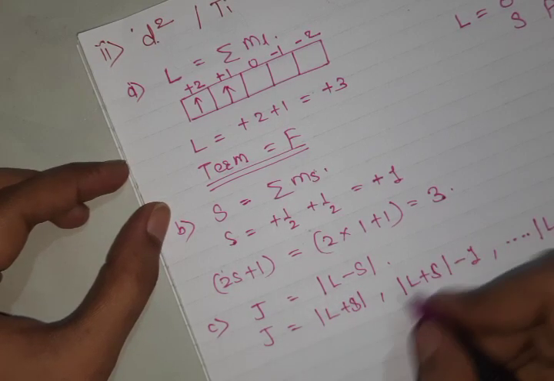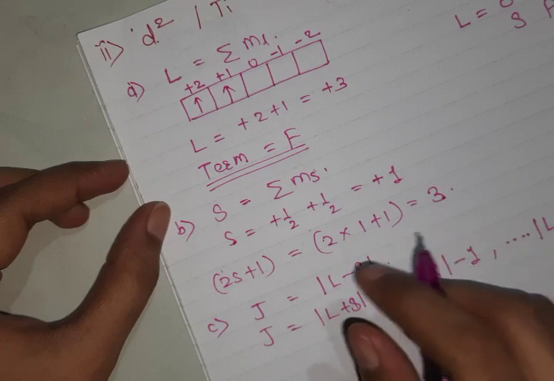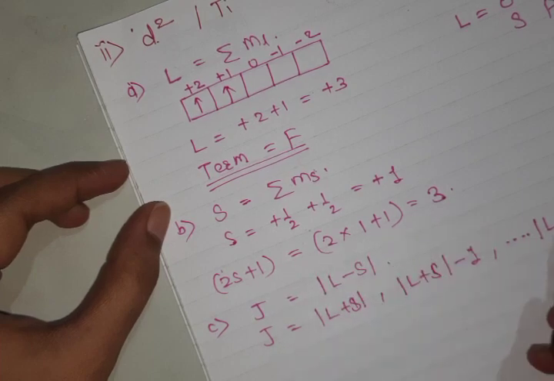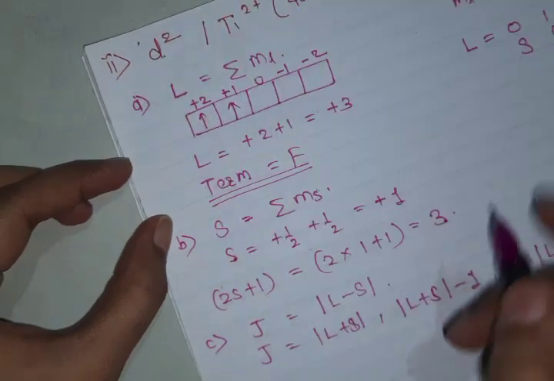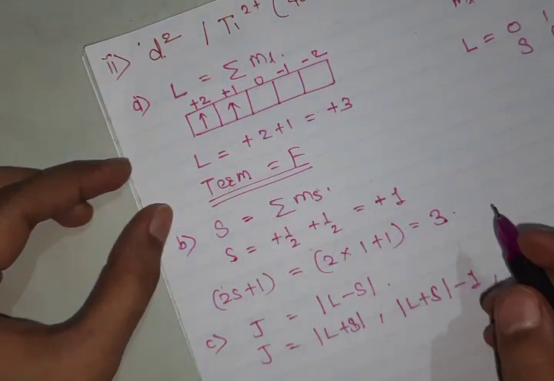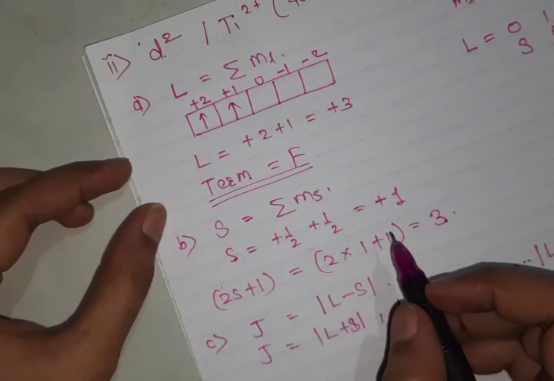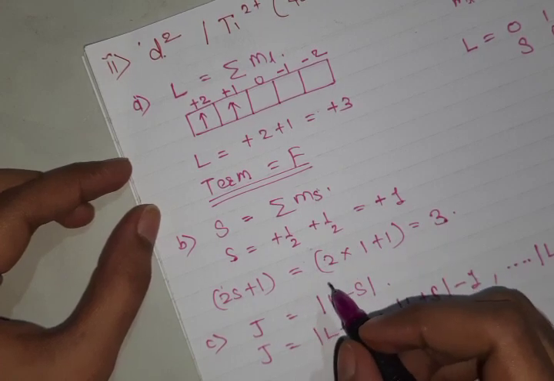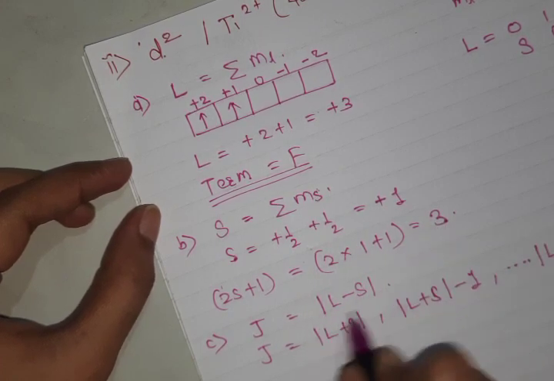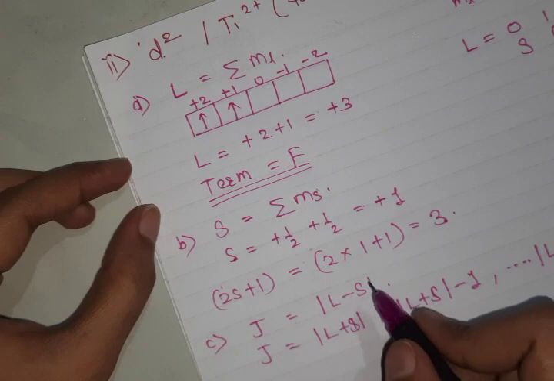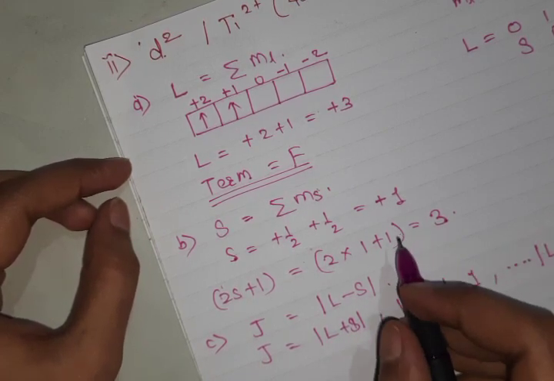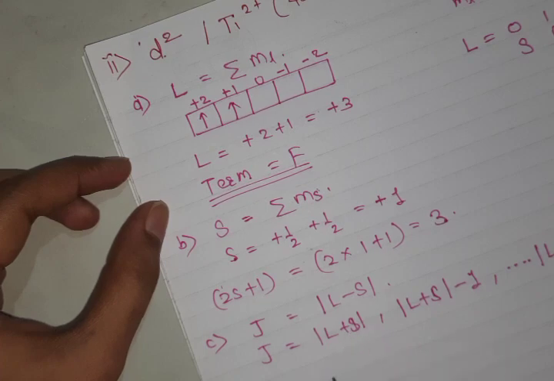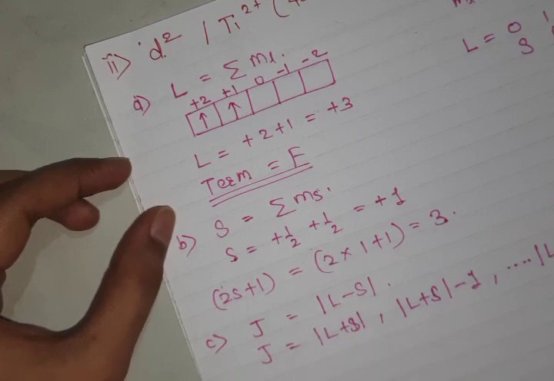But for the final ground term symbol, we have to take it according to the electronic configuration. If the electronic configuration is less than half filled, then we have to take the L minus S value. And if it is more than half filled, in that case we have to take the L plus S J value.